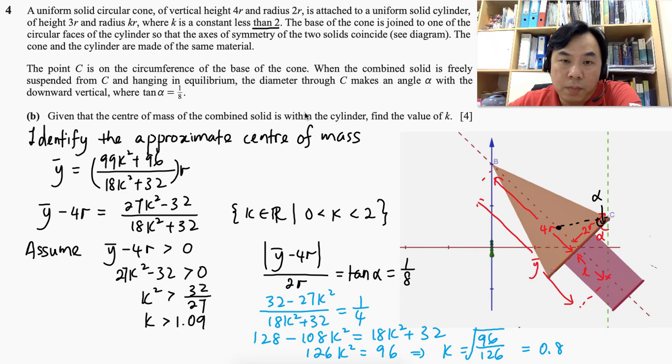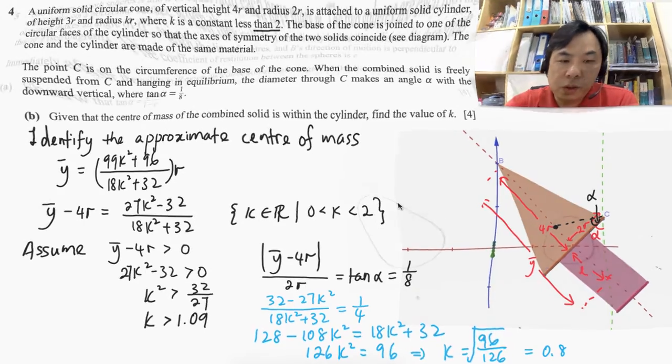But in the exam, if they don't give us any clue as to where the center of mass is, then it's possible that we can have two values of k in case they change your question, right? So I hope that will be extra information for you, right?